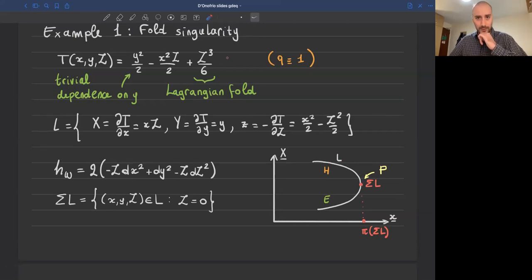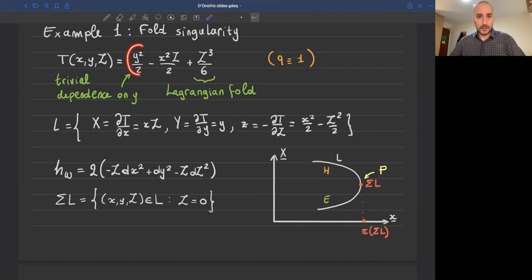This cubic term is the term which introduces this fold. Also note that there is a trivial dependence on y. Why do I say trivial? Because this is just a quadratic function, and quadratic functions are not very important when we carry out a Legendre transformation, as we shall see.